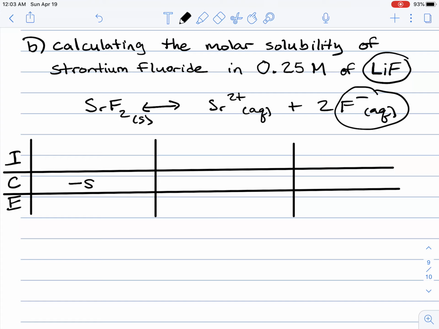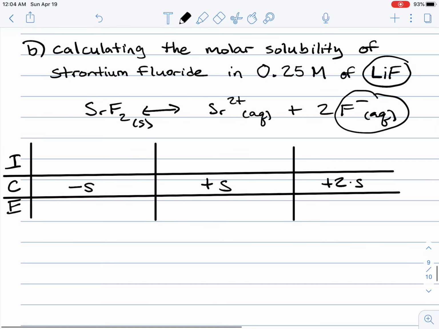So that's why we say minus S. So we're going to consume some strontium fluoride because some part of it is soluble. And we are going to produce strontium and the fluoride ion. Okay. So that much in your ice table does not change.